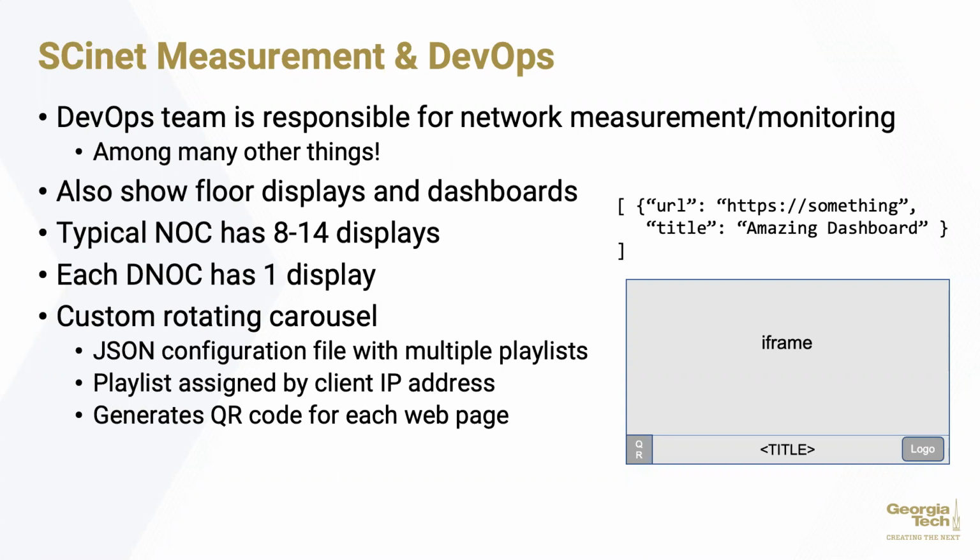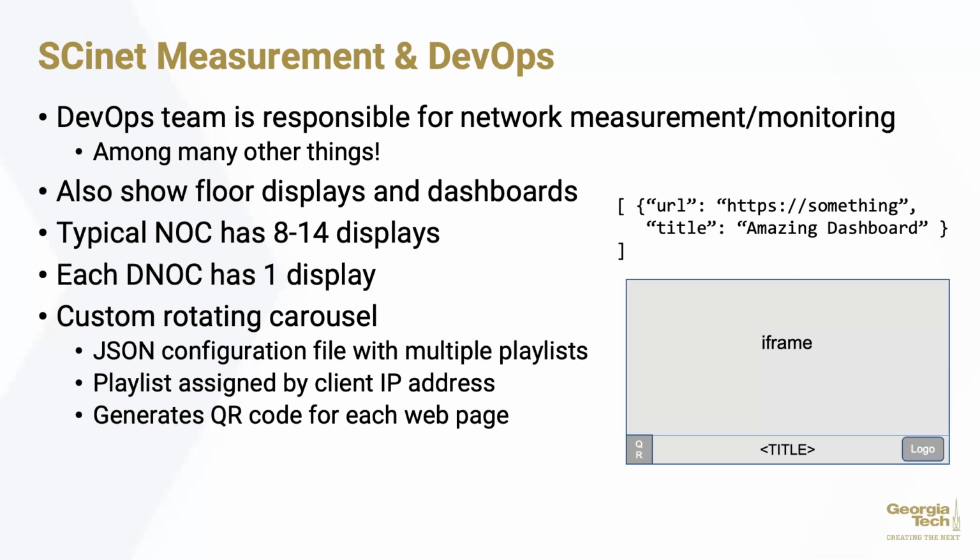And then the NOC itself typically has somewhere between 8 and maybe upwards of 14 displays. You may be familiar, in recent years, we've had a 2x2 display panel called SCinet Analytics. We also have a kiosk that talks about the racks in the NOC. So depending on what we're doing, we could have a number of different displays there, and all of them have to be driven by a video source, which is something that the DevOps team manages.